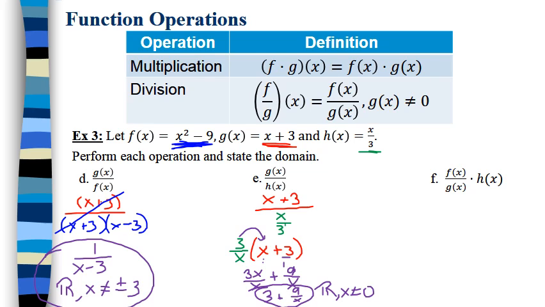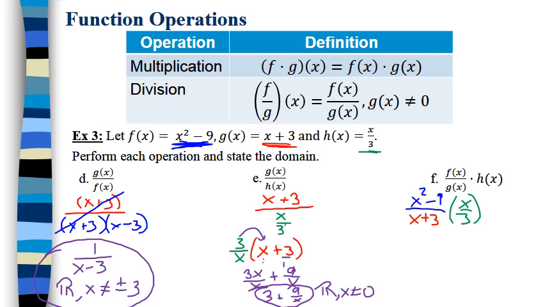Okay, so this is f of x, so this is x squared minus 9, divided by g of x, which is x plus 3, times h of x, which is x over 3. Now, we've already done this first part, f of x divided by g of x.